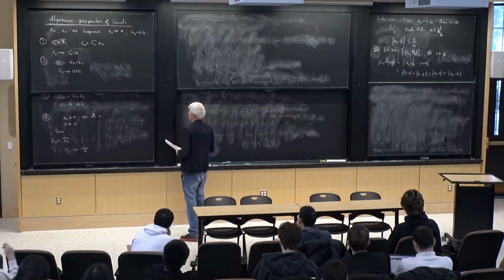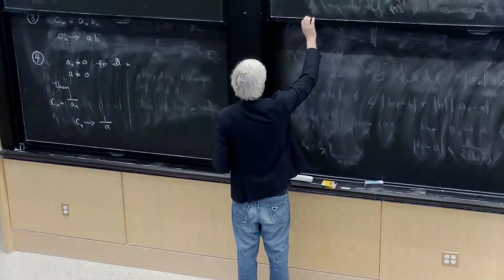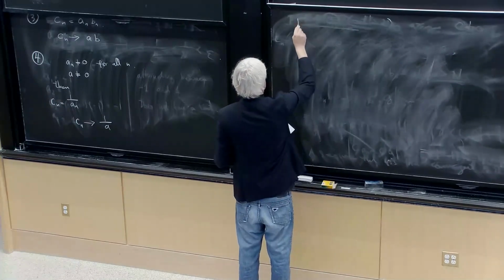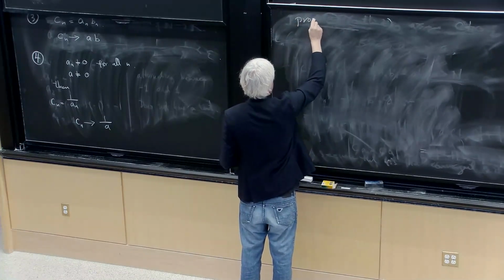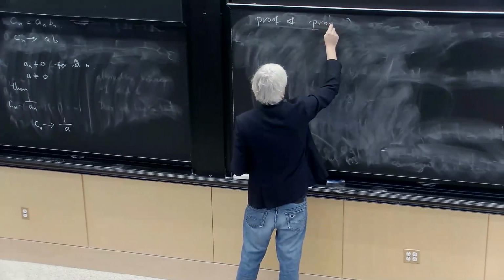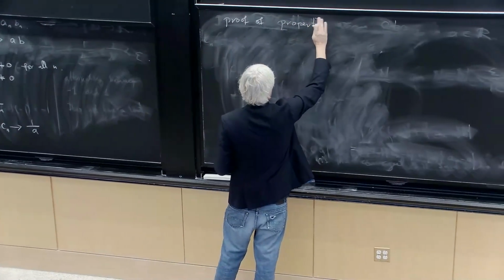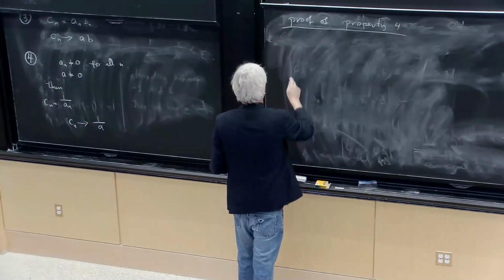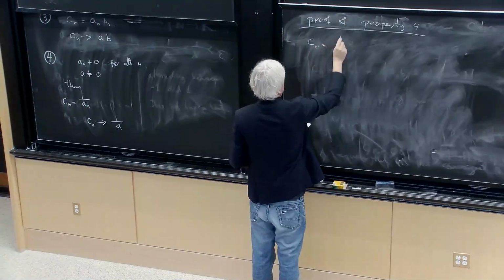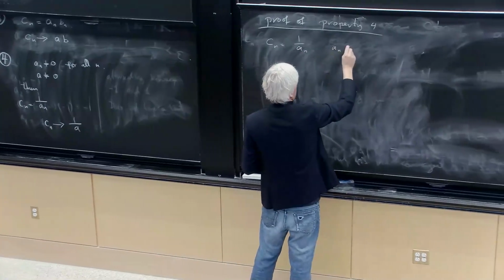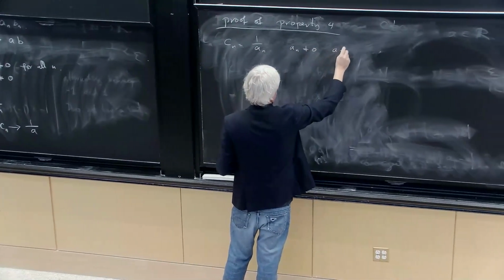Okay, so now let's prove property 4. So, proof of property 4. So we have this, so Cn is 1 over An. And we know that An are not equal to 0, and we know that A is not equal to 0.